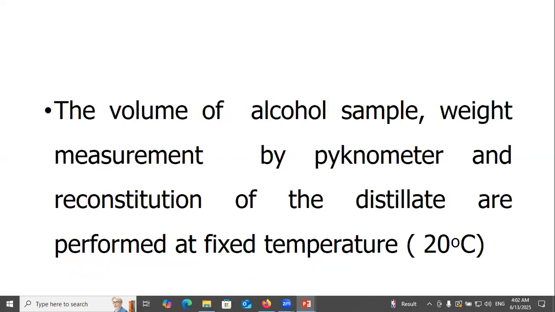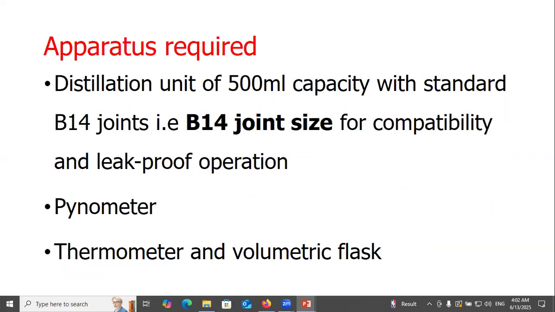The volume of alcohol sample, weight measurement by pycnometer, and the constitution of the distillate are performed at a fixed temperature of 20 degrees Celsius.